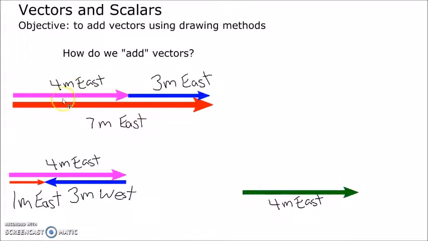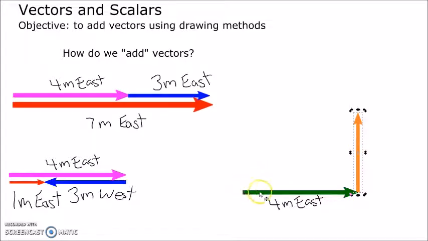Now let's change this around a little bit again. Instead of 4 meters east, 3 meters west, let's suppose we go 4 meters east, and here's my 3 meters. Let's suppose we rotate this so that instead we go 3 meters to the north.